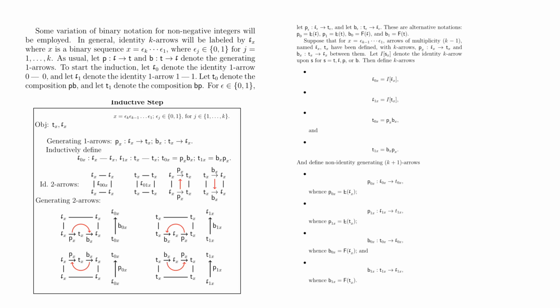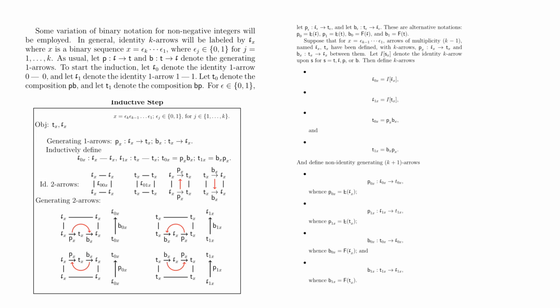Identity k arrows are going to be labeled by F with a binary subscript, and we're going to let P and B go from F's to T's, and so F0 is the identity 1 arrow on 0, and F1 is the identity 1 arrow on 1, then T0 is going to be the composition PB, and T1 is going to be the composition BP.